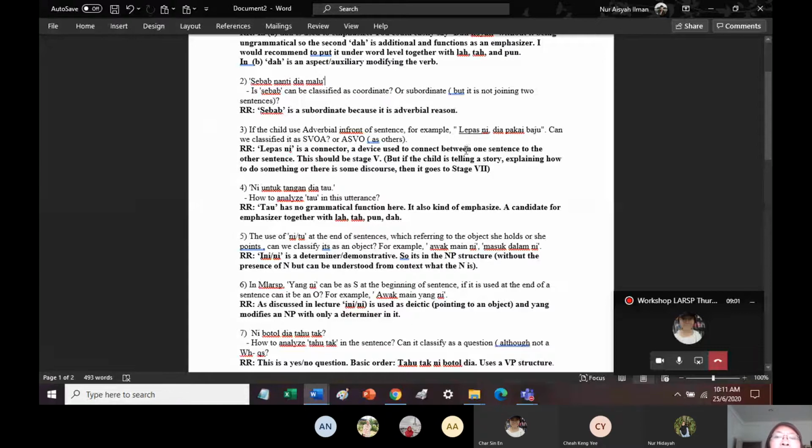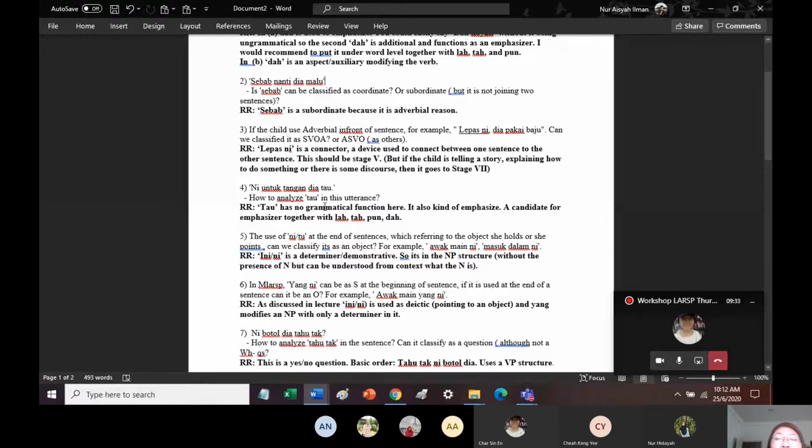So it is stage 5, a connector. However, if the child is telling a story or explaining how to do something and there is some discourse, a context that he's describing, first do this, then do that, after that, then it goes to stage 7. When there's a discourse, we put it at stage 7. Also, there is a connector there.